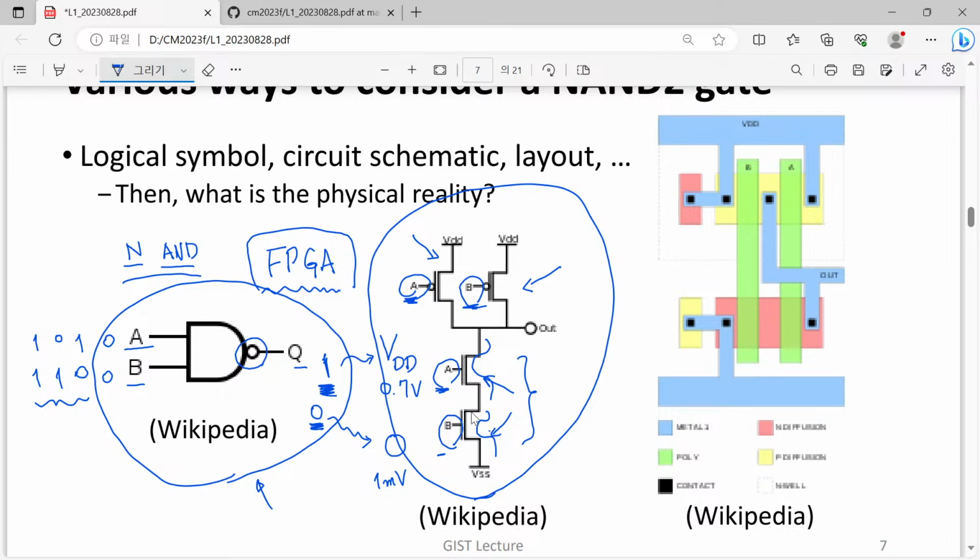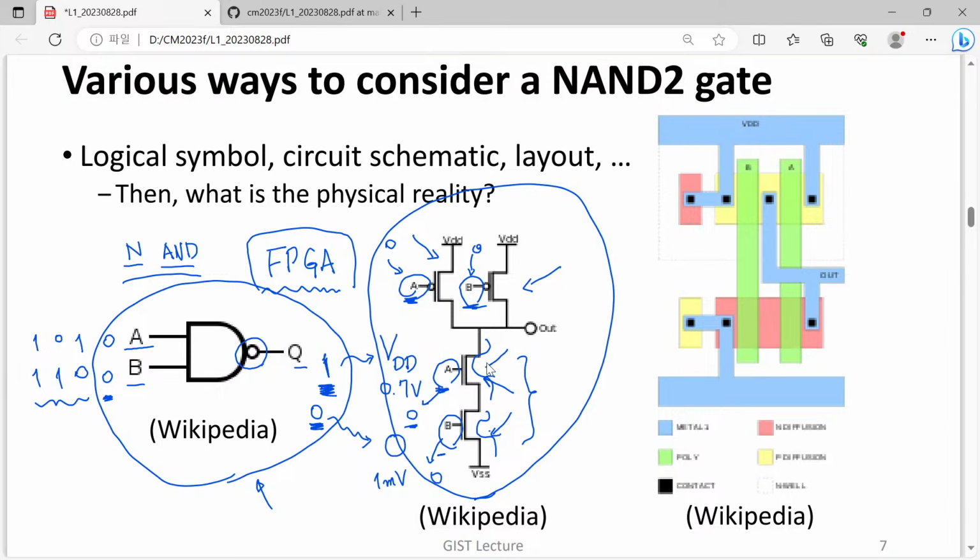Following this rule, let's think about the 0 and 0 case. The 0 and 0 case means that here we have voltage close to 0 at all these terminals. Then what will happen? For this device, since the applied voltage is close to 0, it becomes highly resistive.